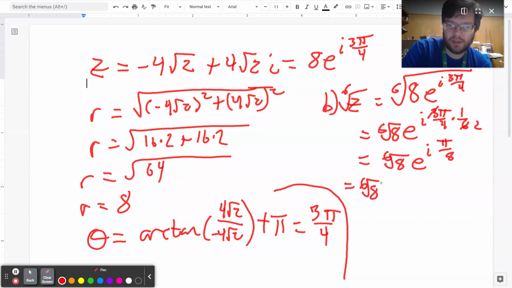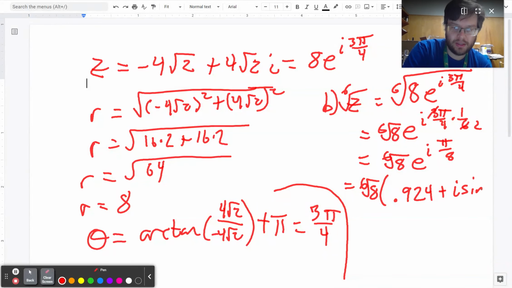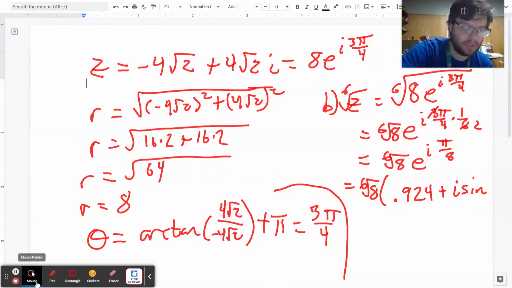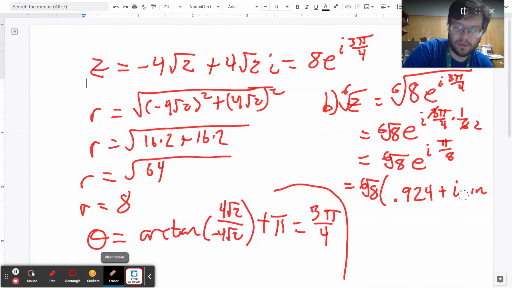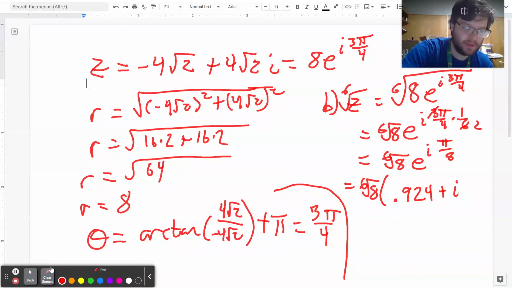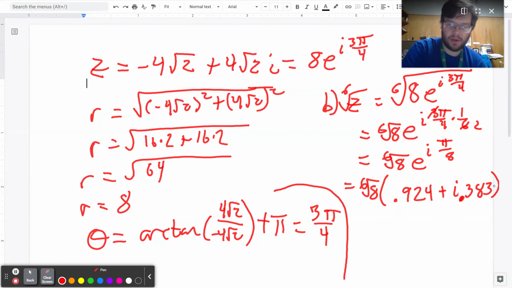Cosine of pi over 8 was 0.924. And then sine of pi over 8 is 0.383.